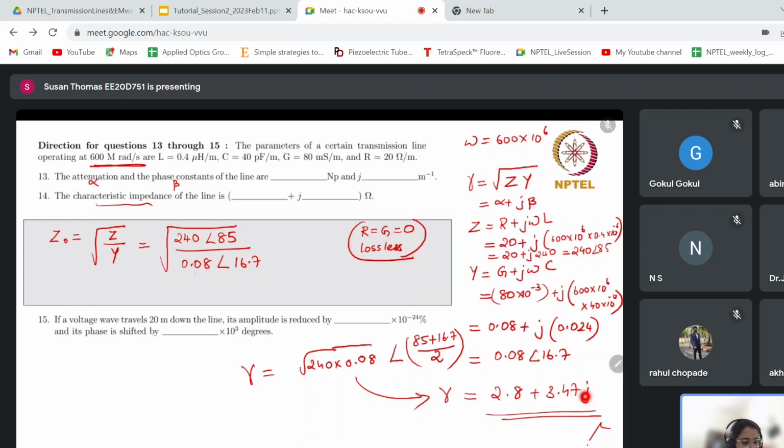So divide the magnitudes, take the square root, subtract the angles, divided by 2. What you get will be a polar form converted to rectangular form. Can we have an answer for Z naught?